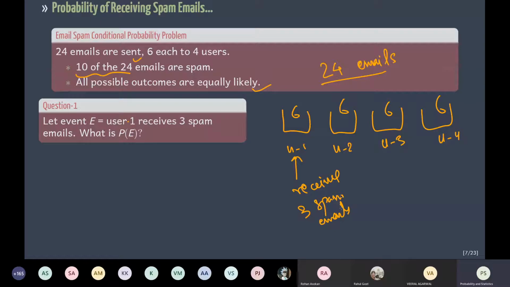So let me check here the chat. I hope you are okay with that. Mehul replied 10C3, 14C3, 24C6. Pranjal replied 10C3, 14C3, 24C6.